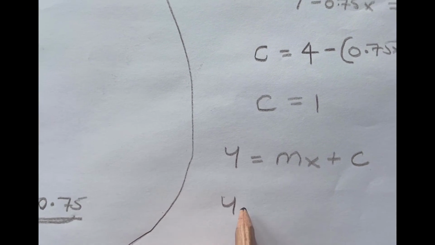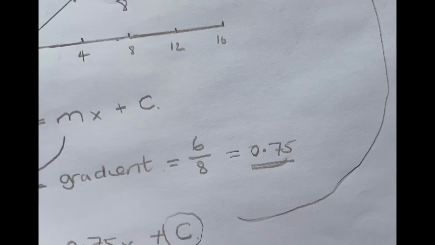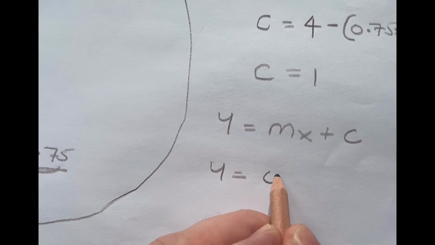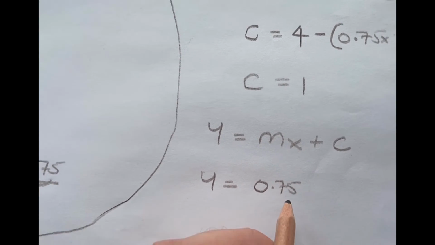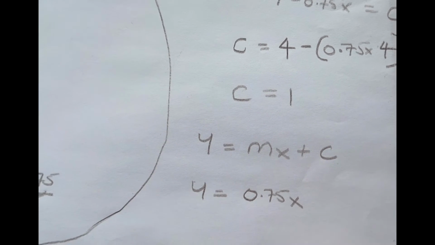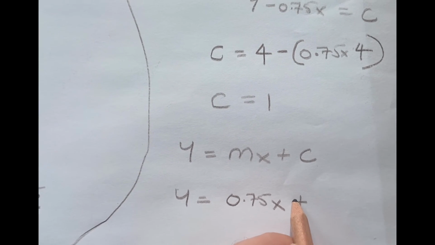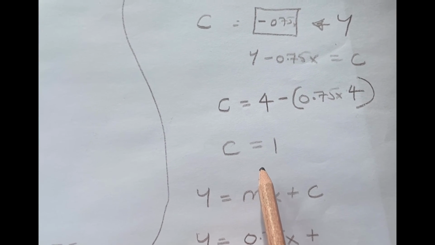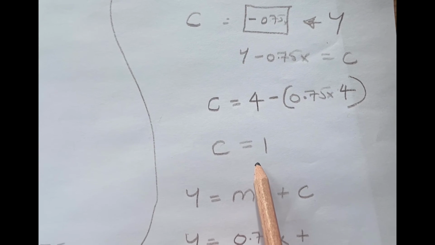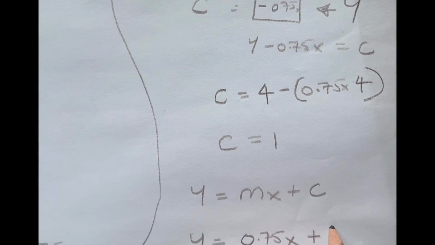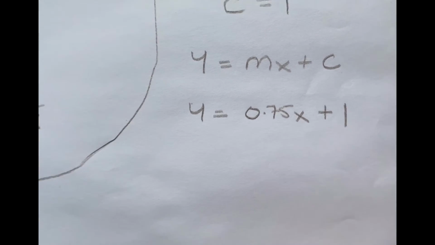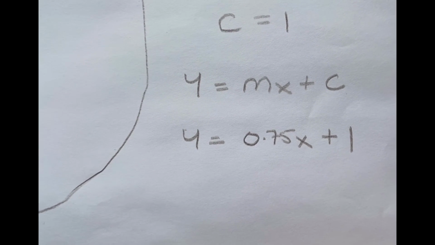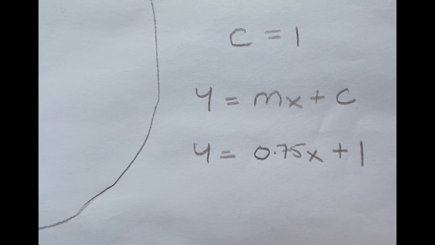So therefore y is now equal to the gradient m of 0.75 multiplied by x plus c, which is now calculated as a value of 1. So the answer to this question is y is equal to 0.75 multiplied by x plus 1.